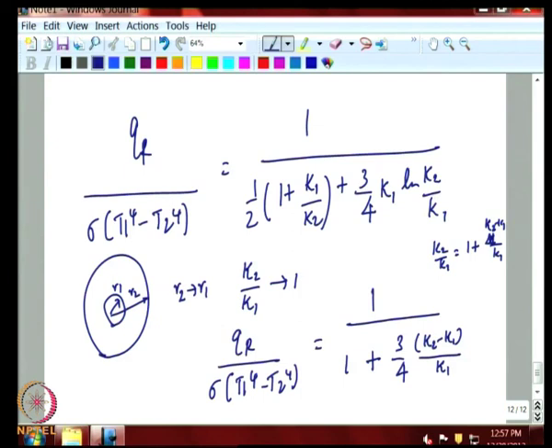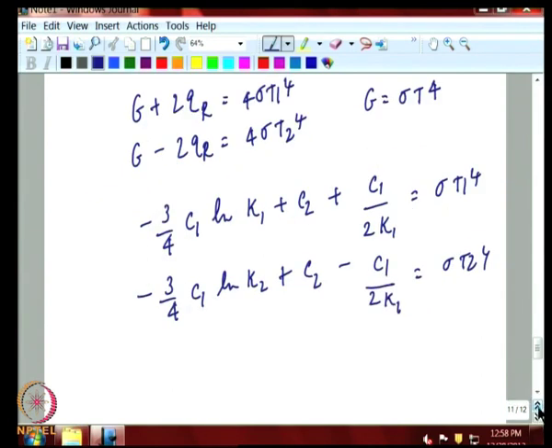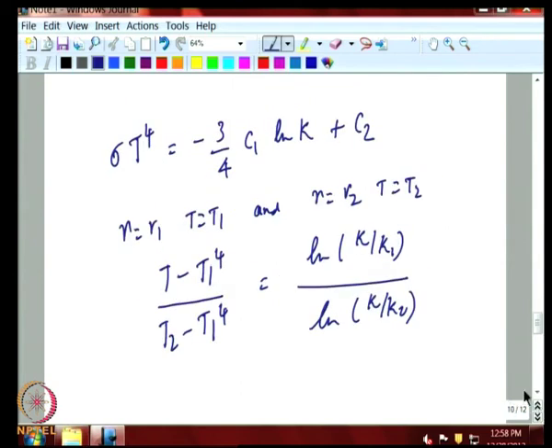So, we see that the cylindrical geometry gives somewhat different result in view of the fact that the heat flux is not constant under radiative equilibrium. So, this I want to reinforce so that it is not forgotten.